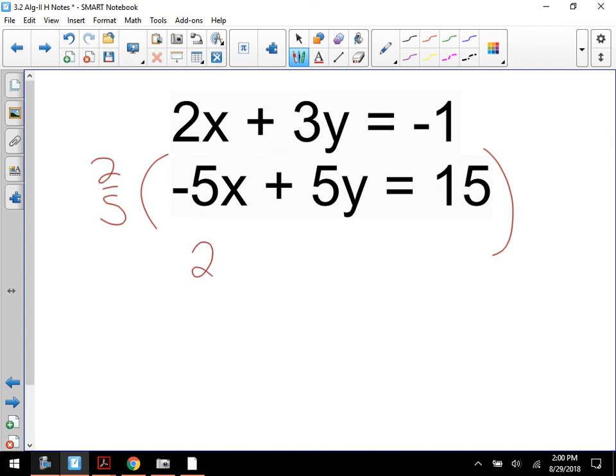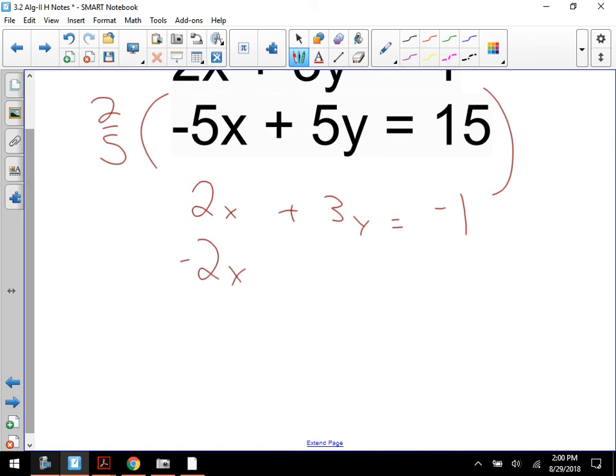So I'd have 2x, 3, let me space this out, plus 3y, negative 1. Then I get negative 2x plus 2y, and then that's 5, 3 equals 6. Same coefficient, opposite signs with the 2 x's. Add the equations together.